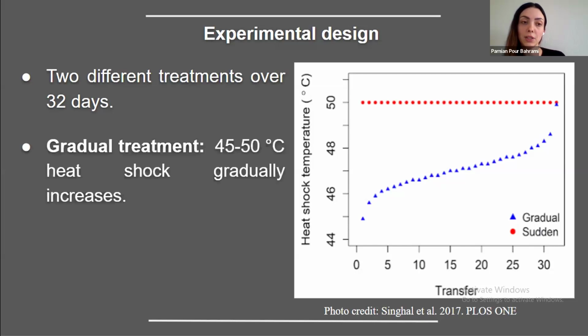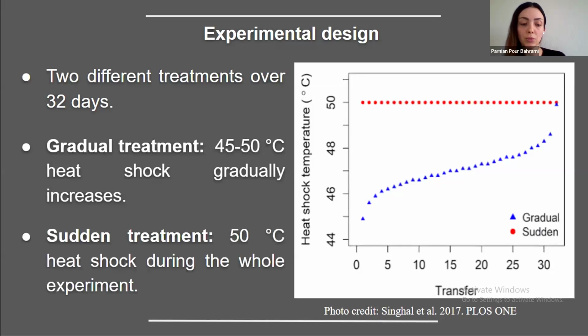Our first treatment is the gradual treatment, starting the heat shocks at 45 and increasing to 50 degrees Celsius by the end of the experiment. The second is the sudden treatment, where the heat shocks are constantly at 50 degrees Celsius. The heat shocks are given at each transfer, and after each transfer, the phages are grown on a specific host at 25 degrees Celsius.